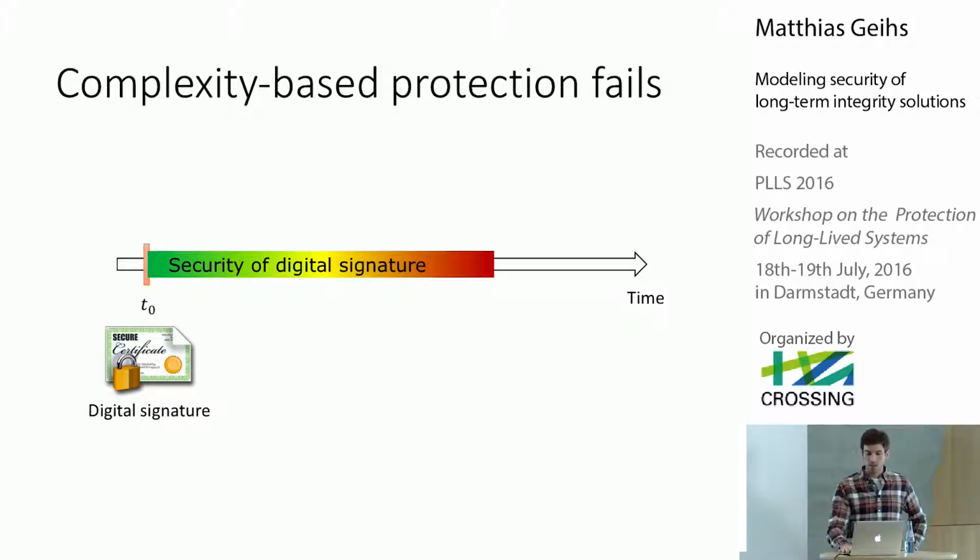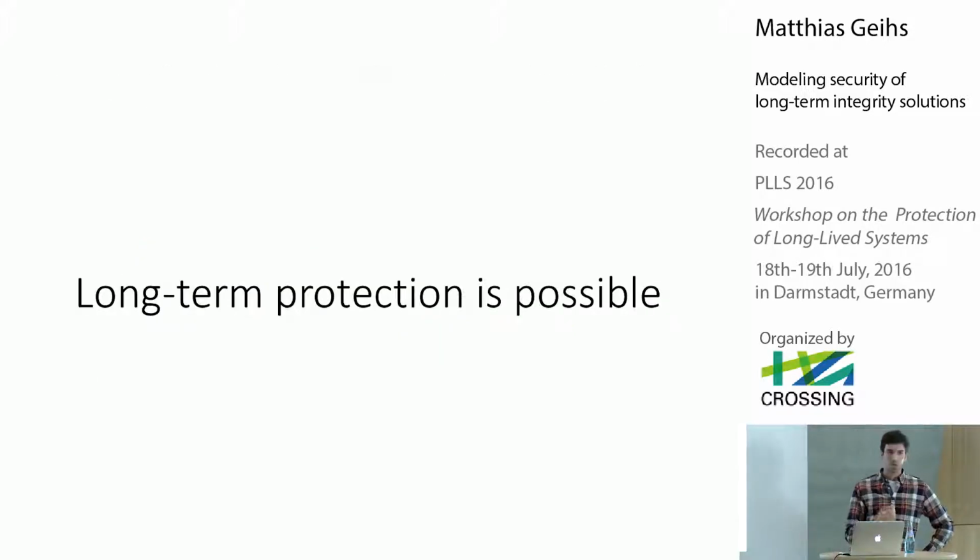But after this lifetime, the protection is lost. So it does not really provide long-term protection by default. We have to take some measures against losing the protection at some point in time.